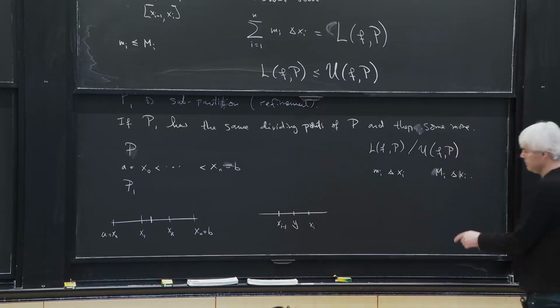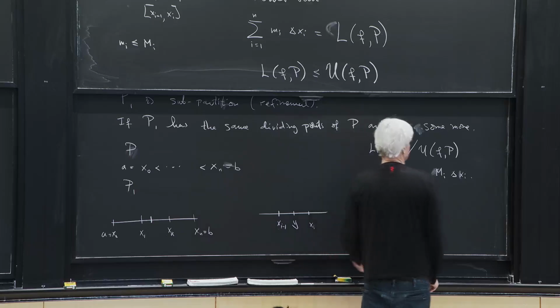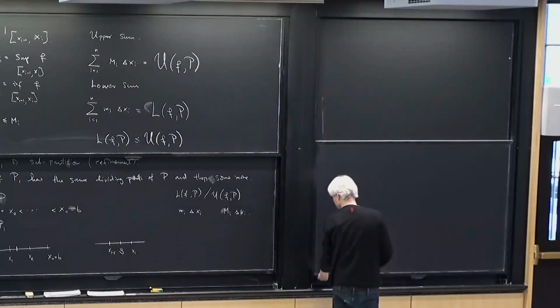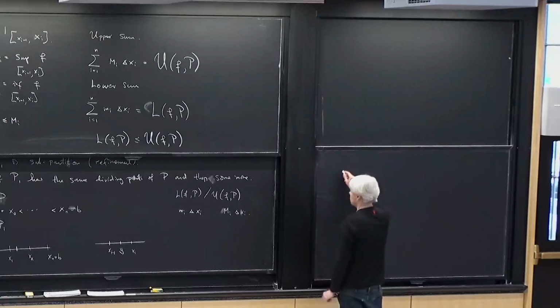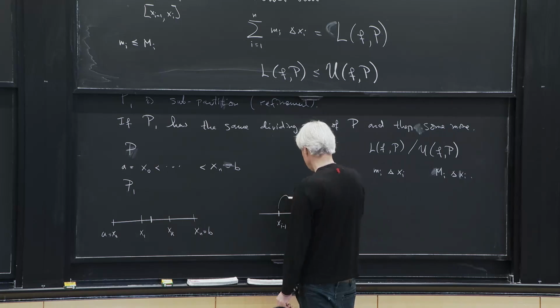But now you see that for the subpartition, the interval for the original partition P is now divided into two intervals, this here and that here.